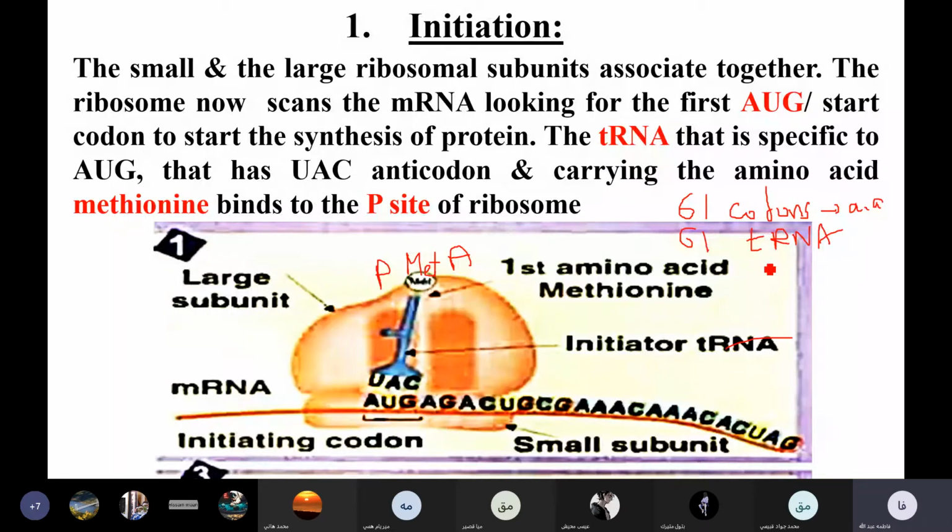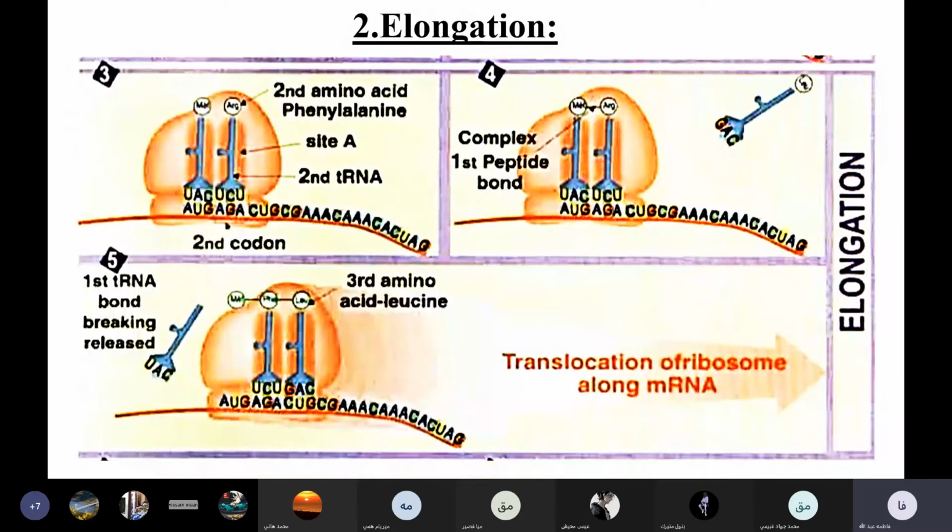So the second step now is elongation. Elongation starts with the second transfer RNA. أنا عندي هيدي ال P site، أنا عندي هيدي ال A site. هلا second transfer RNA that is specific, with the anticodon UCU specific for the codon AGA, رح يجي ويعمل bind، حامل امينو اسيد على راسه, on the A site.